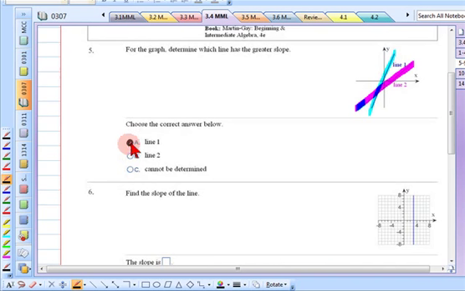One has the greater slope. It is a multiple choice question. Which one has the greater slope? And it was line 1. And I'm going to write because it is steeper.